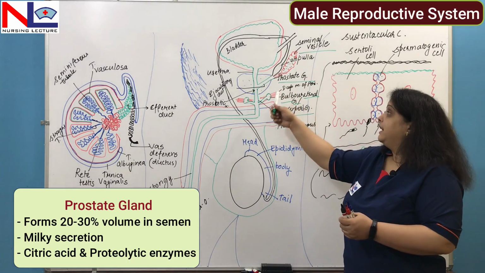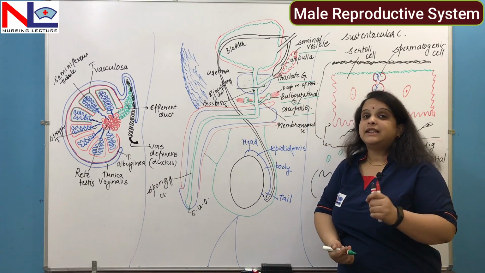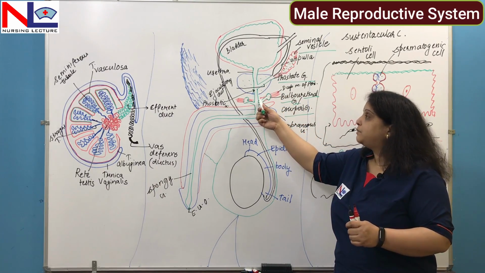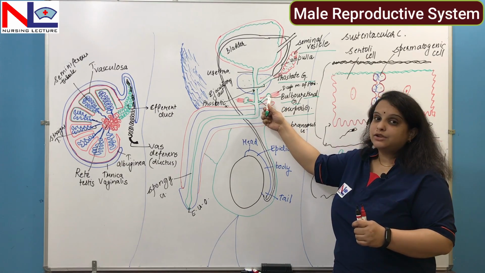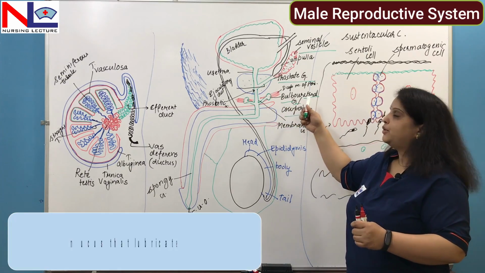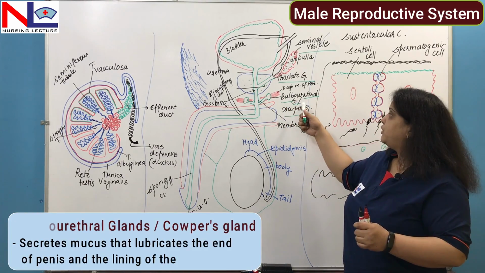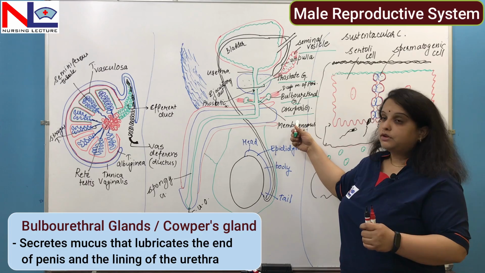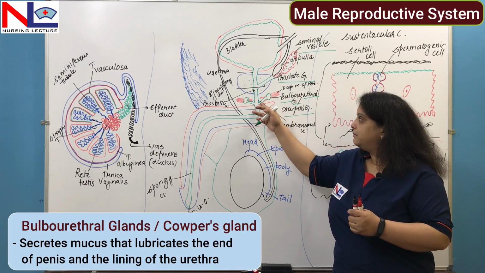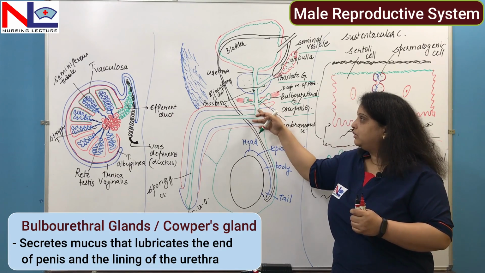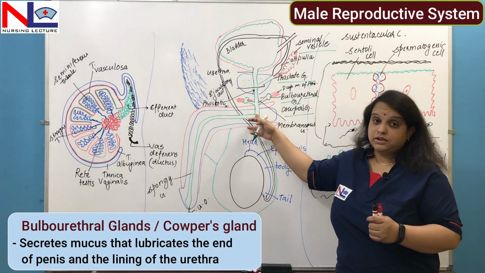Yes. Now the third accessory sex gland, which lies beneath the prostate in the deep muscle of perineum and is about the size of a pea, is the bulbourethral gland. The bulbourethral gland is also known as Cowper's gland, and it releases some secretion directly into the urethra, mainly mucus.